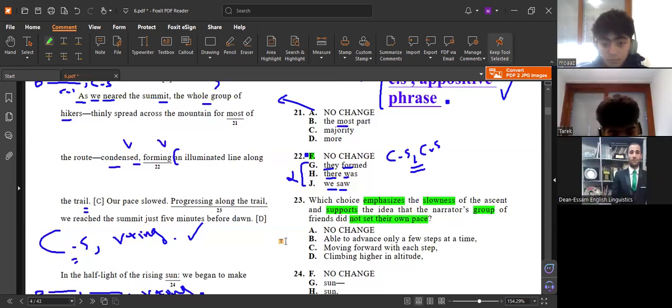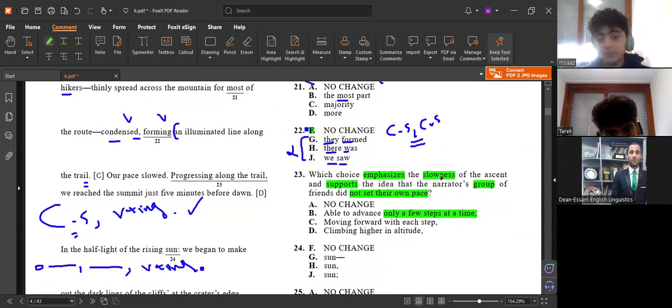Which one tells us it's slow? So it must be letter B: able to advance only a few steps at a time. Only slowness. If you said progressing, you make it the opposite of slowness. So it's wrong or opposite.